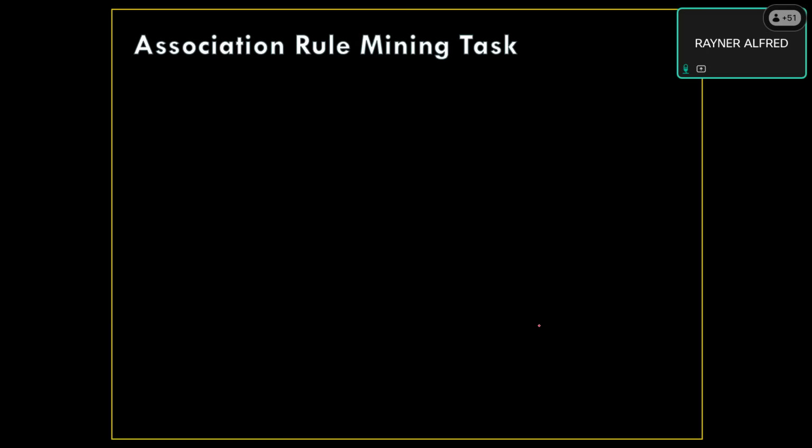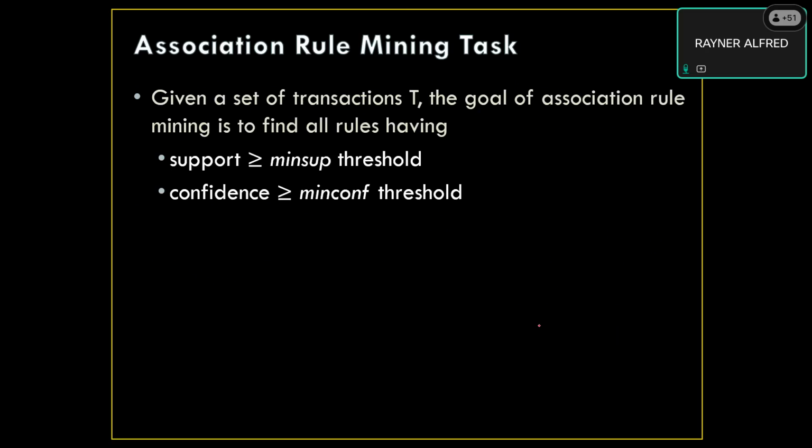Okay, let's take a look at the association rules mining task. Given a set of transactions T, the goal of association rules mining is to find all rules having the following conditions: the support is greater than the minimum support, and the confidence is greater than the minimum confidence threshold.